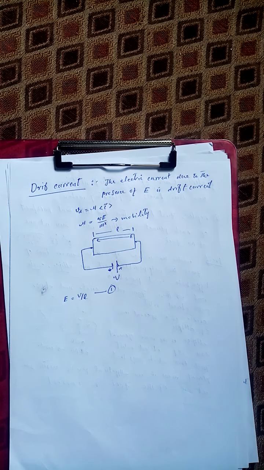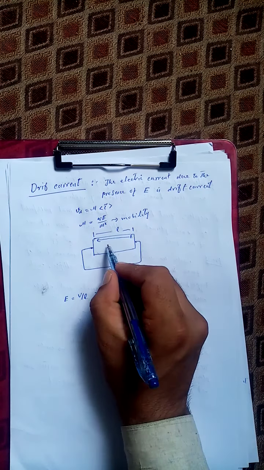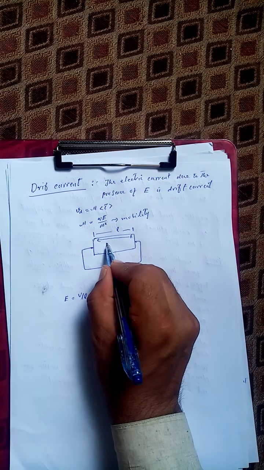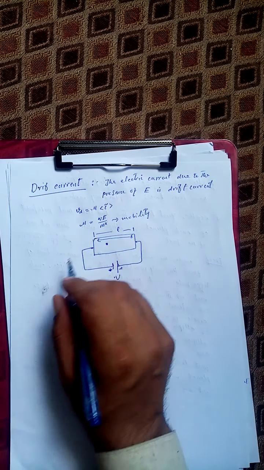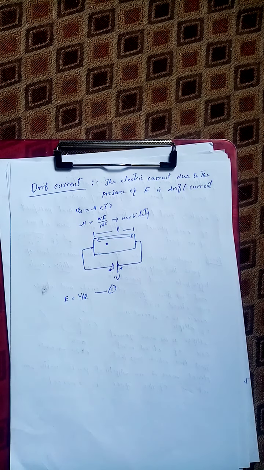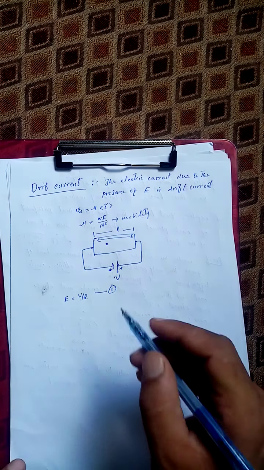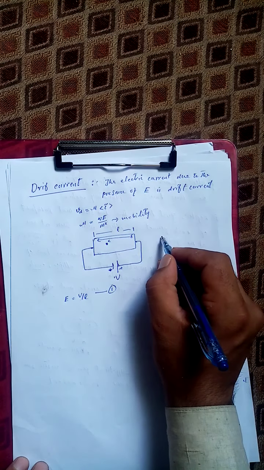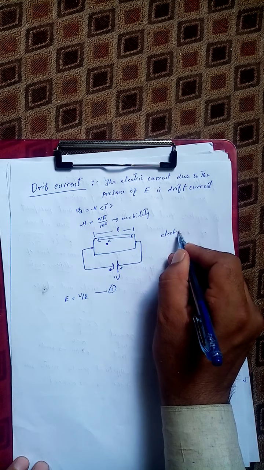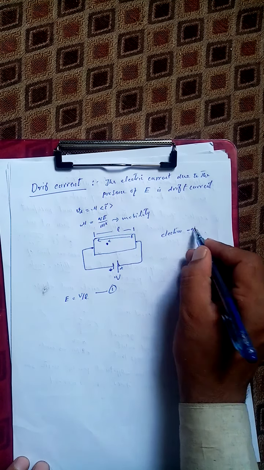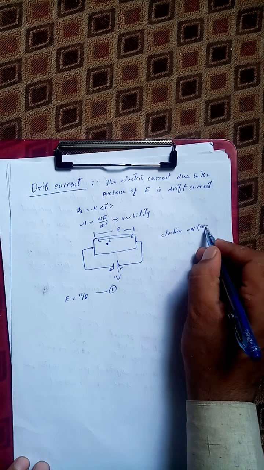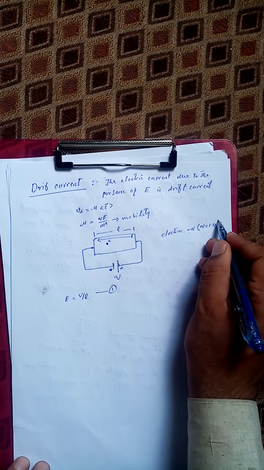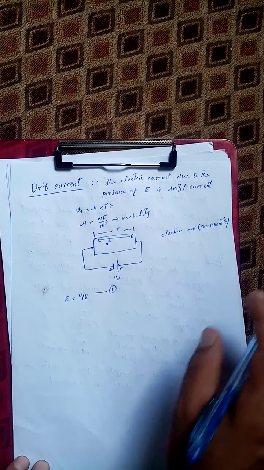Now inside the semiconductor we have free electrons, which are denoted by dot. I will just consider one electron. There are many free electrons, and we have holes also. The charge of electron is minus q, where q is 1.6 into 10 raised to the power minus 19 coulomb.